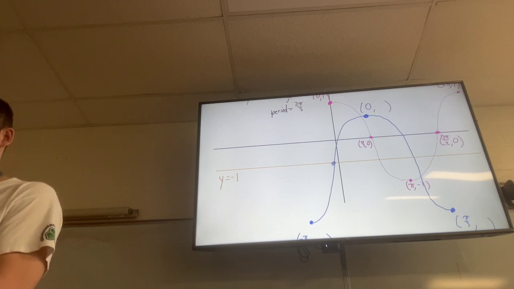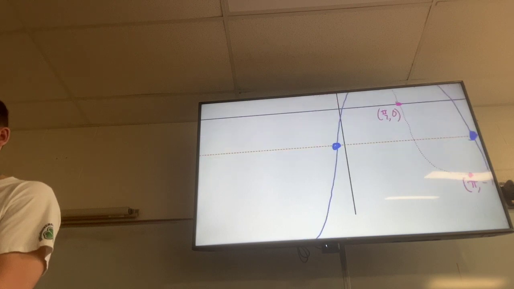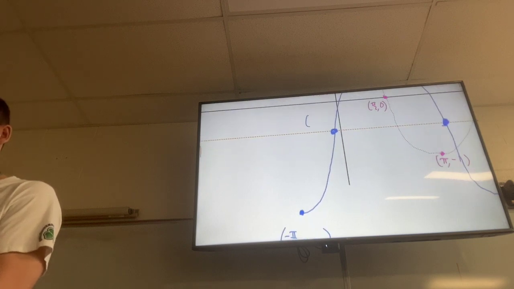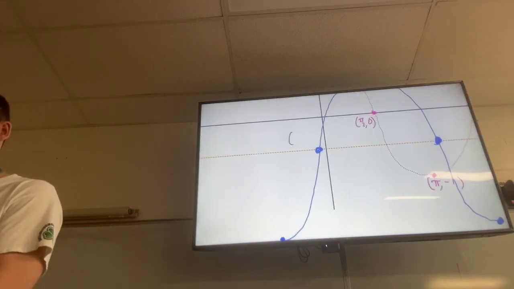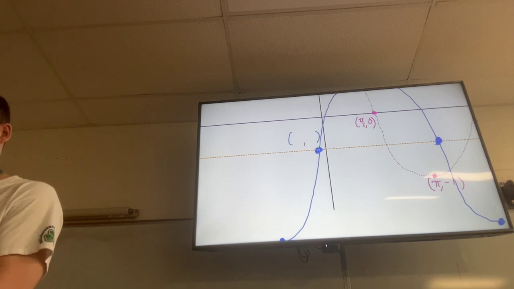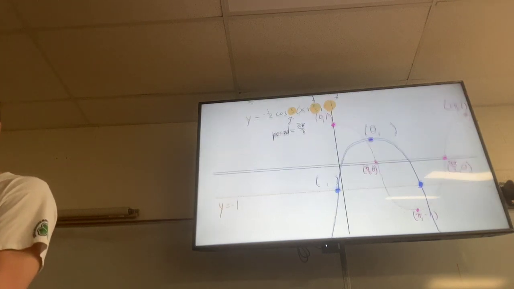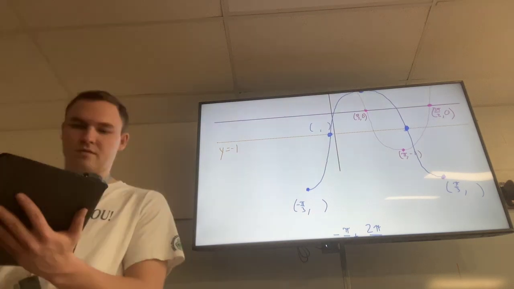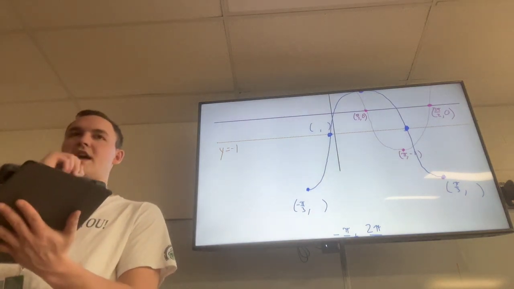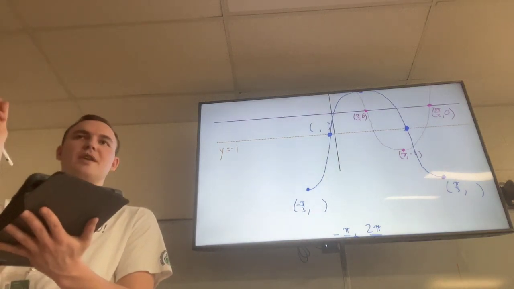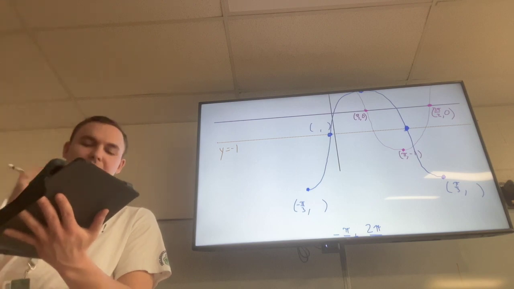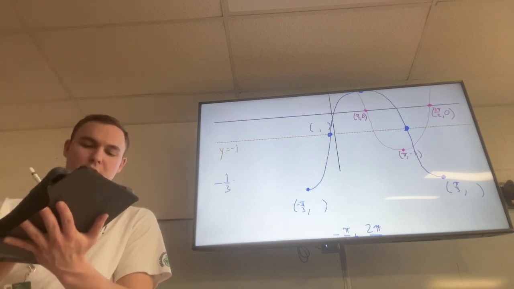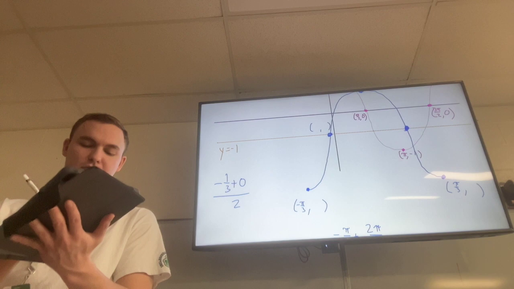And then these 2 points right here. This first one here, smack dab between minus pi over 3 and 0. How can I figure that out? How do I find a number that's right in between two numbers? Add them and divide by 2. So negative 1/3 plus 0 divided by 2.